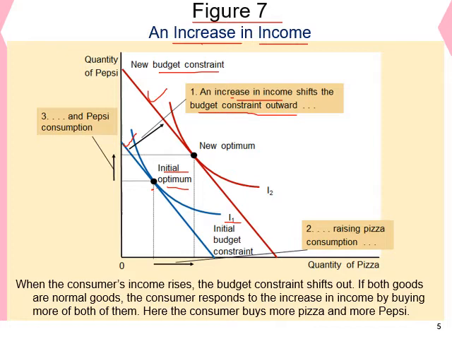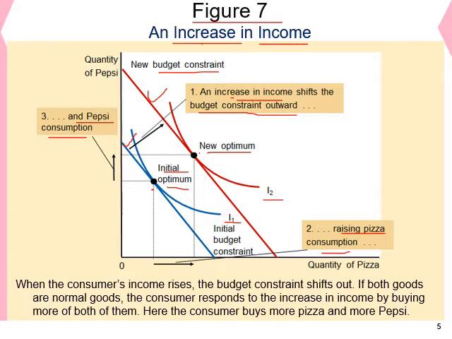This will raise pizza consumption. You can see that the consumer can consume more pizza. It also will raise the consumption of Pepsi. So this will lead to a new optimum right here, on the higher indifference curve I2.